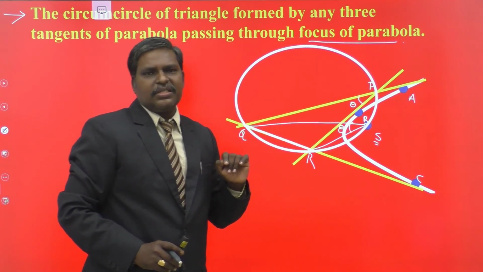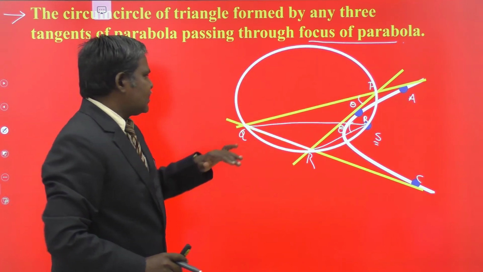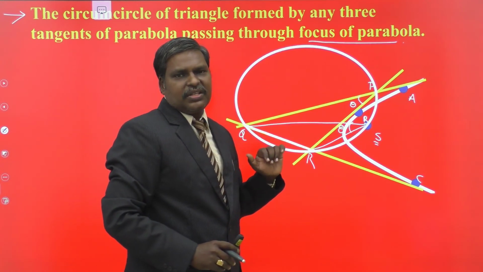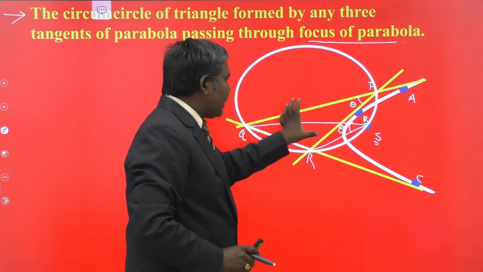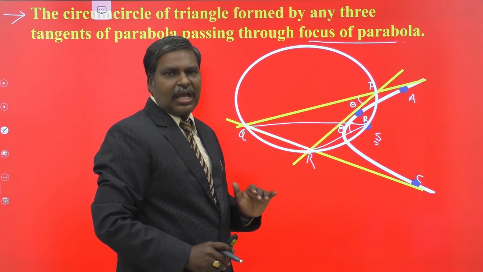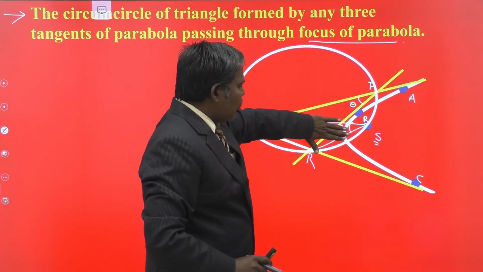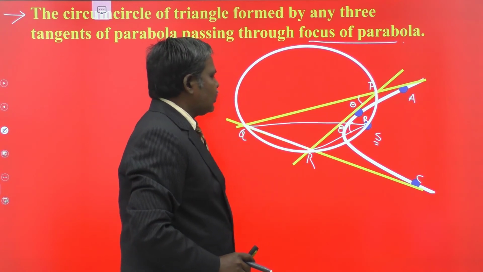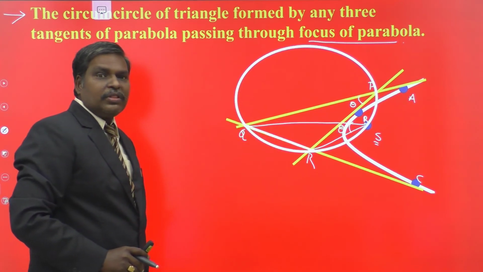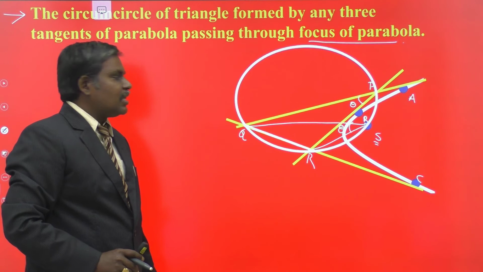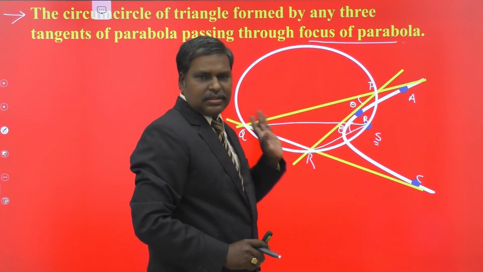That is the property behind this result. So I am taking this one as theta and I am going to prove that this angle is also theta. Then my job is over, without finding the equation of the circle passing through these 3 points.